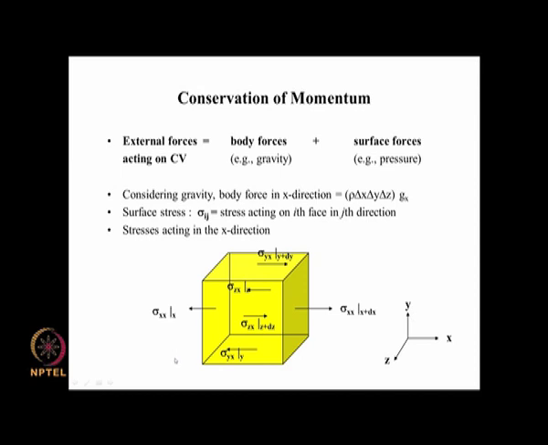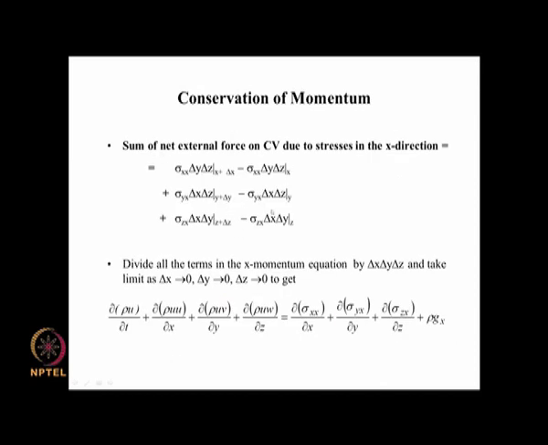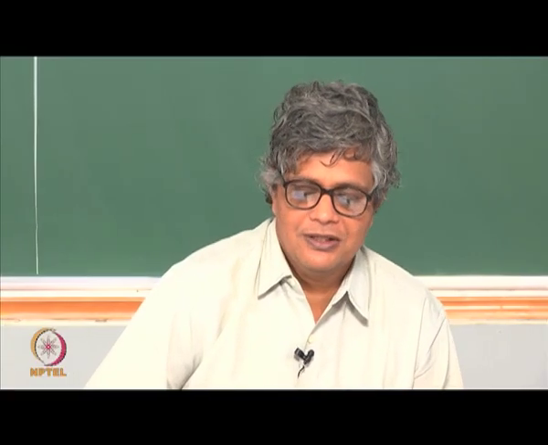So, we can write down the sum of net external forces on the control volume due to stresses acting on the enveloping faces of this control volume, stresses in the x direction only, because any force acting in the x direction will lead to a change in the linear momentum in the x direction, which is what we are considering.